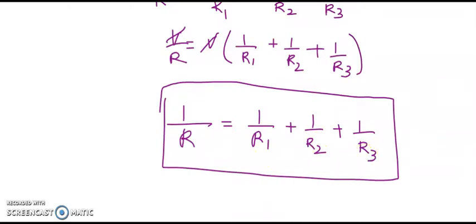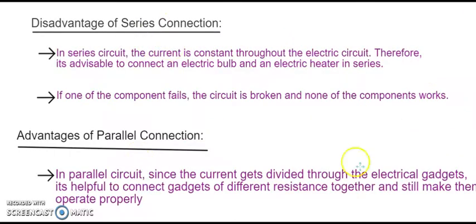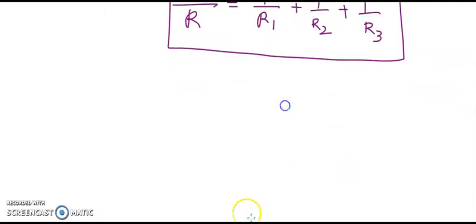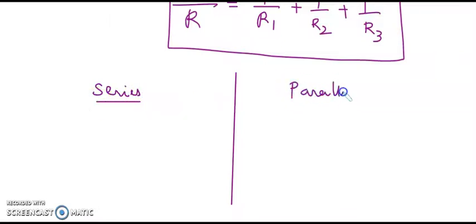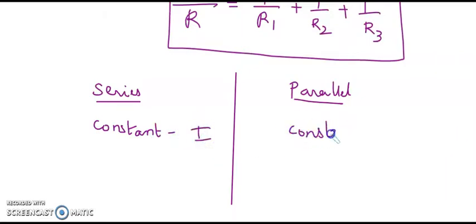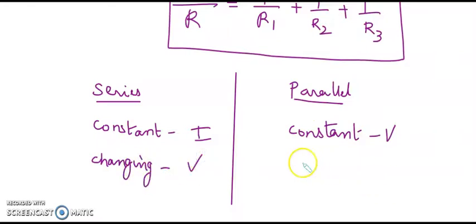Clear? Now, what is the key difference between series and parallel connection? A quick review. The constant in series connection is the current, and the constant in parallel connection is the voltage. The changing factor in series connection is voltage, and in parallel connection it is current.